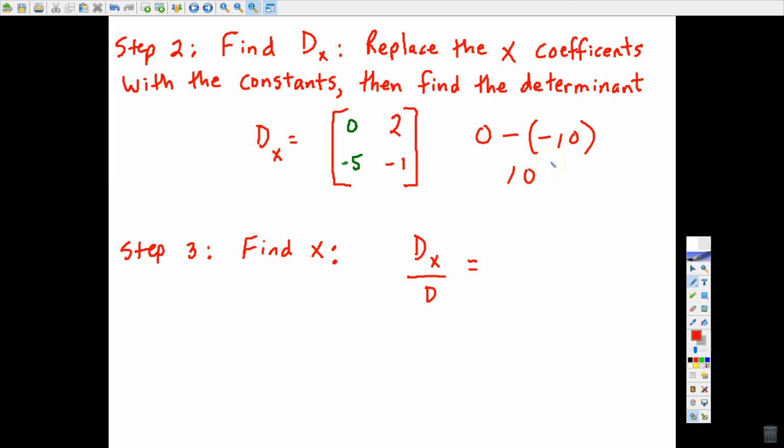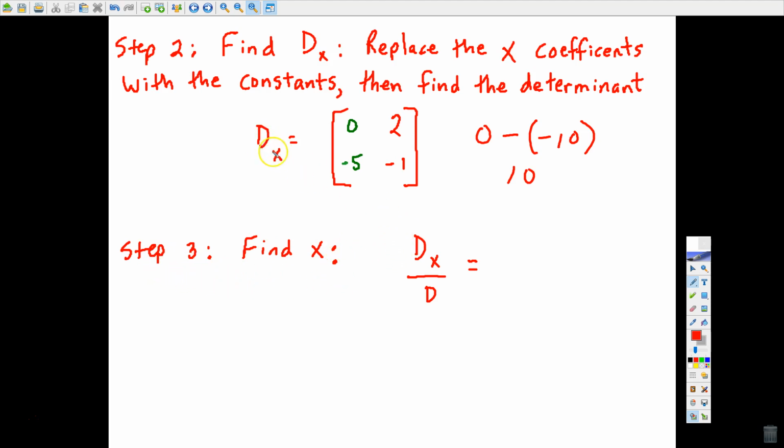Now remember, the goal of solving any system is to find x and y. And a lot of people make this mistake, so listen carefully. I have not found x yet. I have found this determinant called D sub x. Now it's going to be used to help me find x, but it's not my answer for x. My answer for x I'm going to do real fast in step 3.